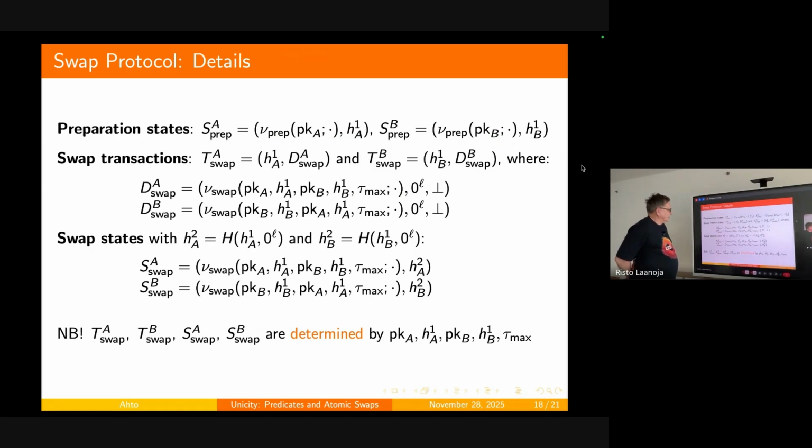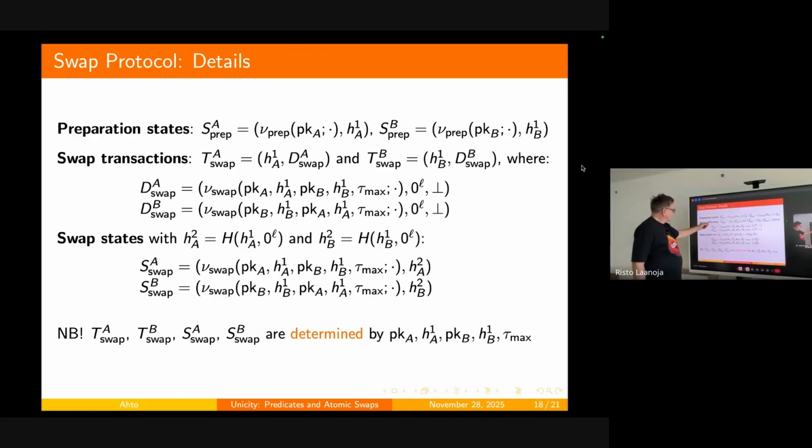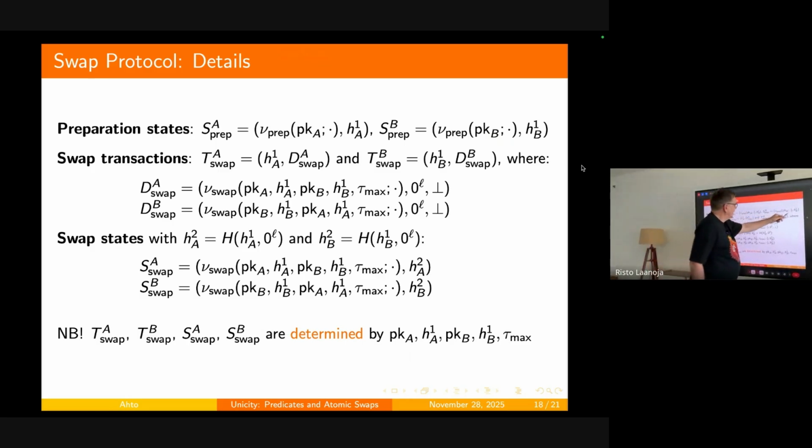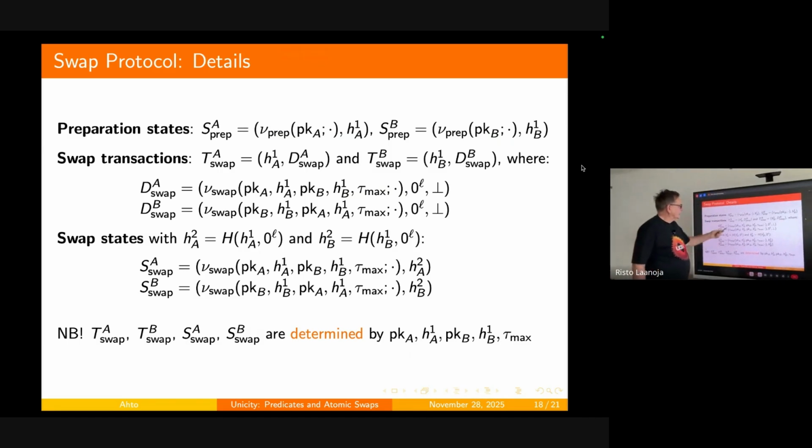These are special predicates, which I will describe later. Then we have swap transactions. They should contain the same hash values as were here, and they have a data part as well.